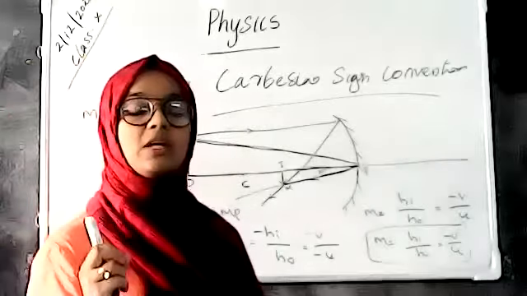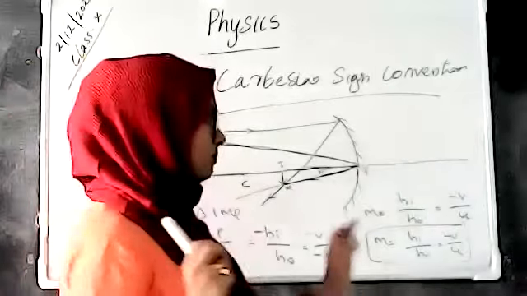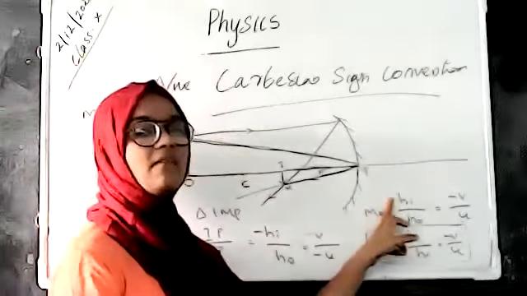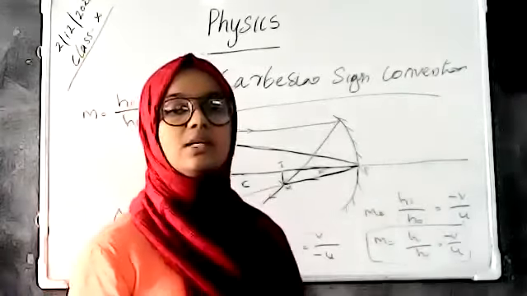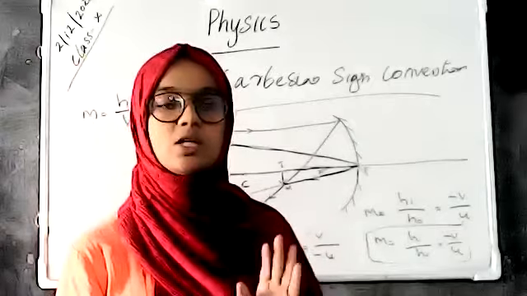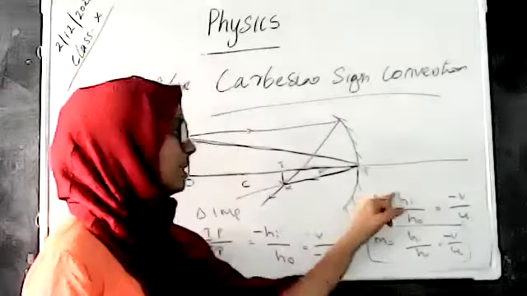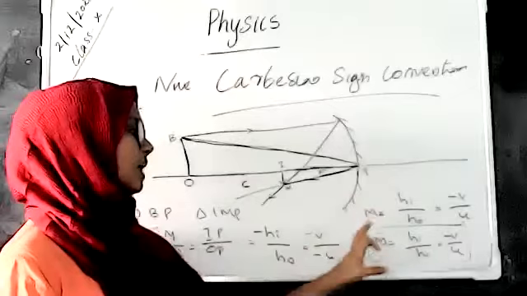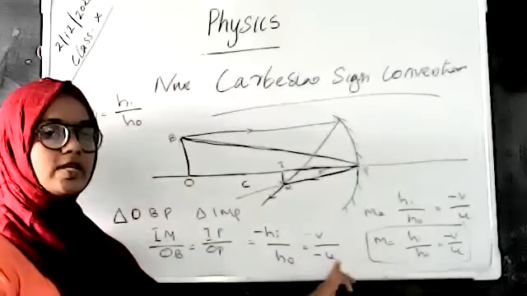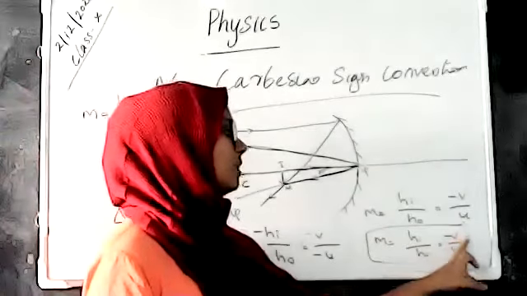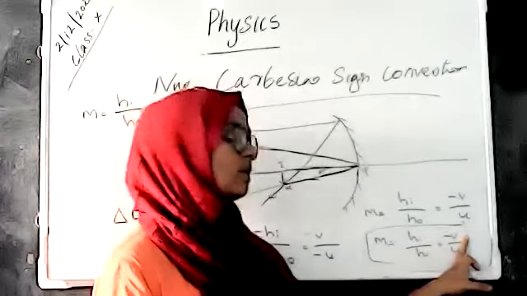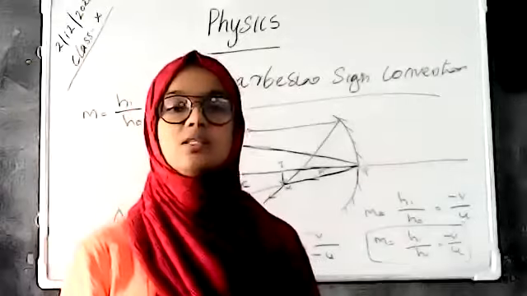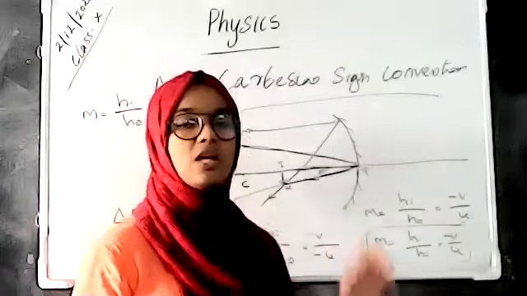But the magnification of the object is M is equal to positive HI by HO. This is the equation M is equal to HI by HO. So that equation makes the sign positive, and only the distances of the object and image from the mirror carry the negative sign, because here the magnification comes in.